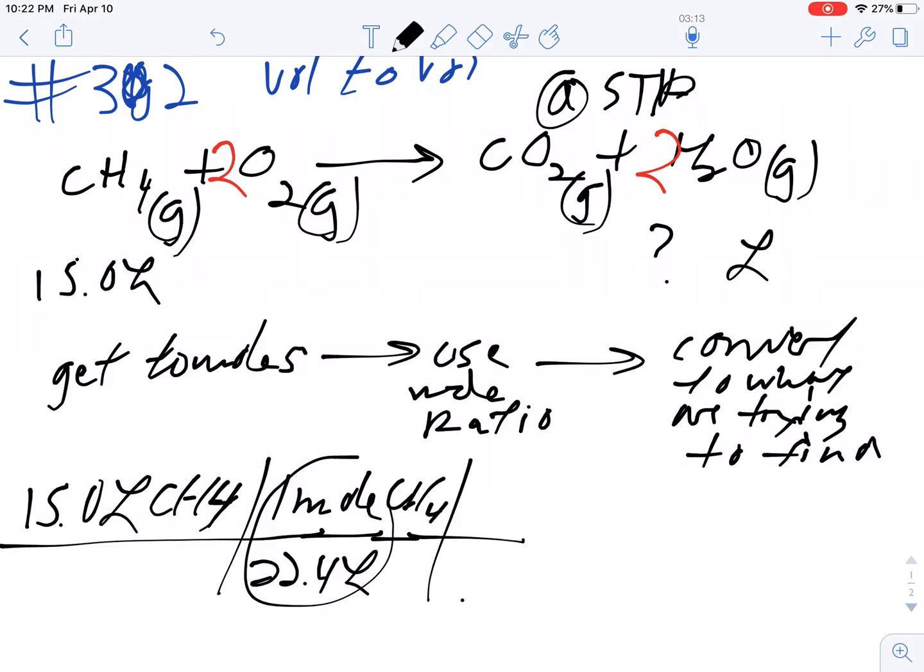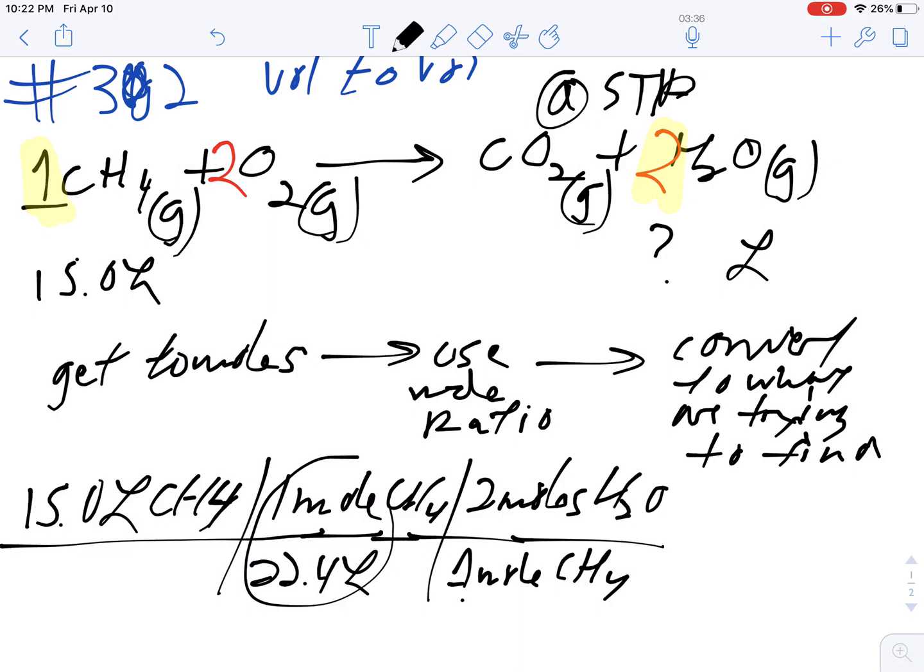So the first step, use that, get it to moles. The second step is to use the mole ratio to get to what we're trying to find. Well, what is the relationship between methane and water? It's a 1 to 2 ratio. So for every 1 mole of methane, I'm going to produce 2 moles of water vapor.